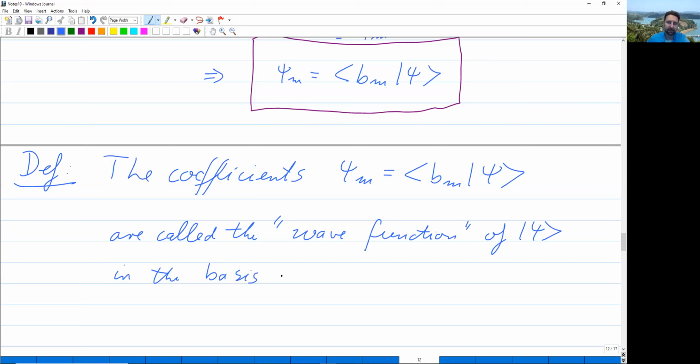And when we say basis, we will always mean Hilbert basis now, in the basis of the bm.